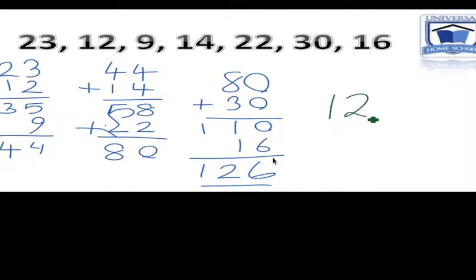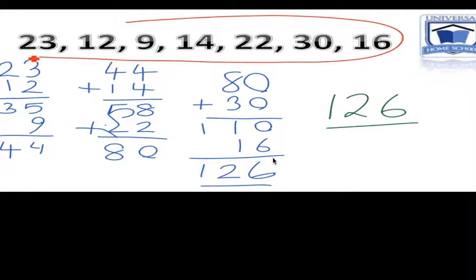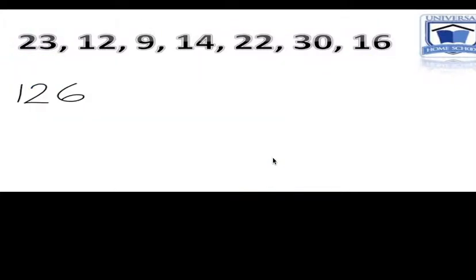126. We've added up all the numbers that we're trying to find a mean with. All of these numbers equal 126. Now, what do we do next? What's the next step? Well, we have to divide now. We have to divide by the amount of numbers.